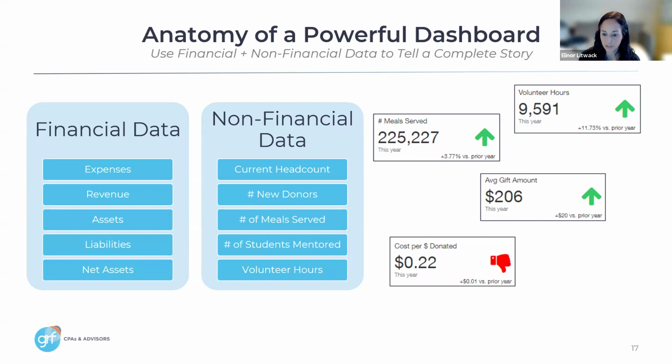So every month when you import the accounting records to pop into your Excel dashboards, you can have a field that's for your current headcount at the end of the month, or the number of new donors that development reported, whatever it is, and just think of ways to tie that in. So it's difficult, but it's not impossible to achieve, depending on your dashboarding methodology.